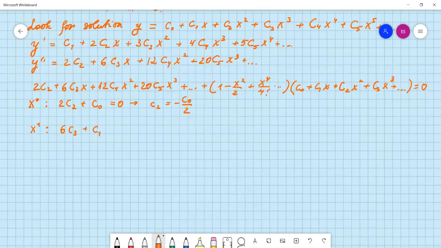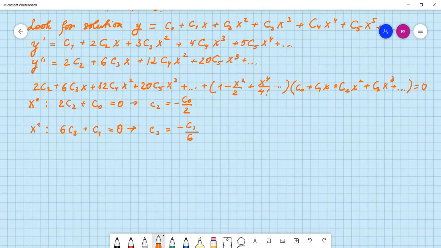Can I obtain any other power of 1? If I multiply x squared by C0, it's going to be a square. So everything else, though it's an infinite series, is going to have powers greater than 1. Just imagine that you multiply the terms. Okay, so it equals 0, from where C3 equals minus C1 over 6.